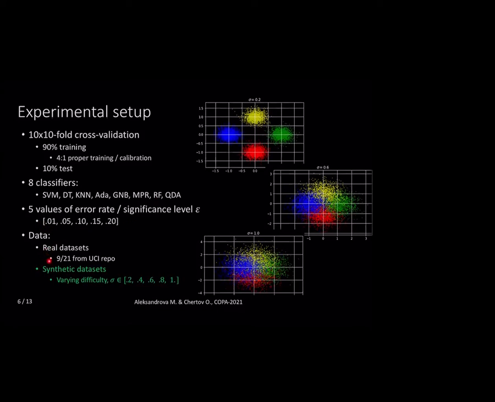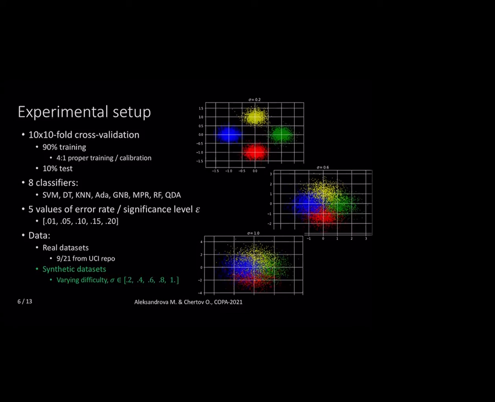Next, we took 9 representative data sets from those 21 data sets that were used in the original study. And we also artificially generated some synthetic data sets to have a control over difficulty and to be able to track how the difficulty might impact the efficiency of conformal classifiers.